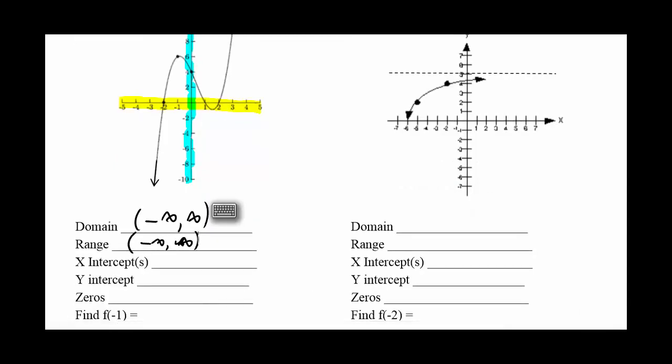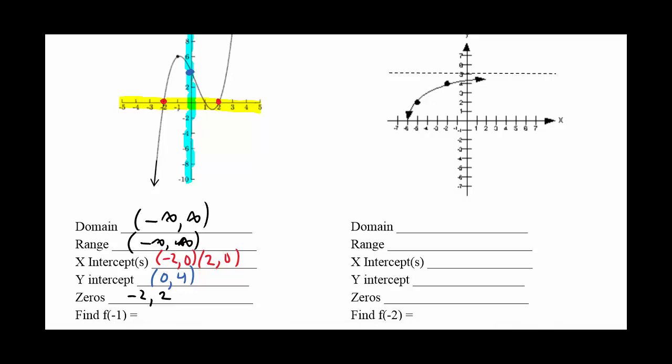Okay, x-intercept, I can see that it crosses the x-axis at -2 and at +2. So -2, 0 and 2, 0. Y-intercept, it crosses the y-axis at 4. So 0, 4. The zeros in this case, what number does it cross the x-axis at? And that's -2 and 2.